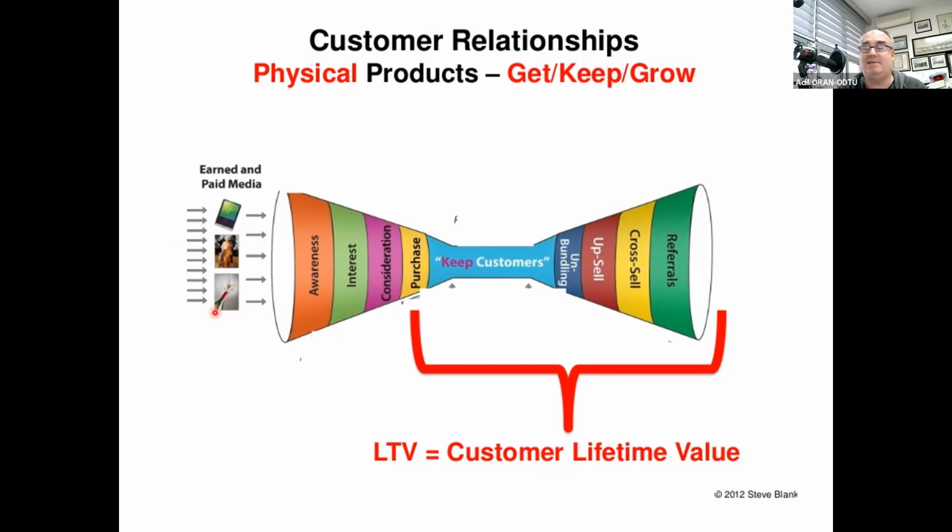You may show your advertising, or be careful here, it says paid media, which is typically advertising, or earned media. For example, it could be sending people door to door. It could be going and giving a speech somewhere. It could be going on television to talk about your product. So, that would be earned media or public relations.